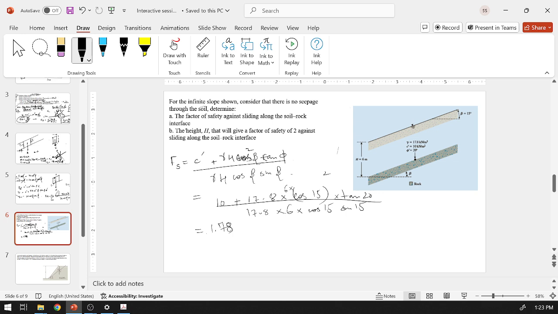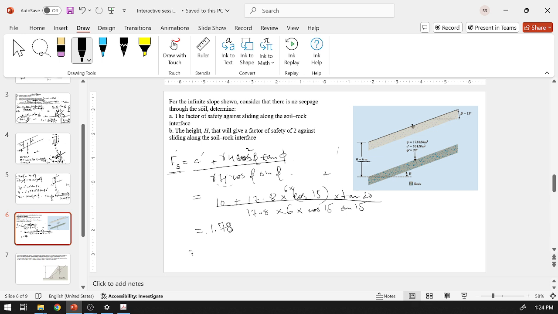And the second part is the height h that will give a factor of safety of 2 against sliding along the rock. So let's say this h is not fixed. In the same formula we will keep this as our variable and this as a given value.